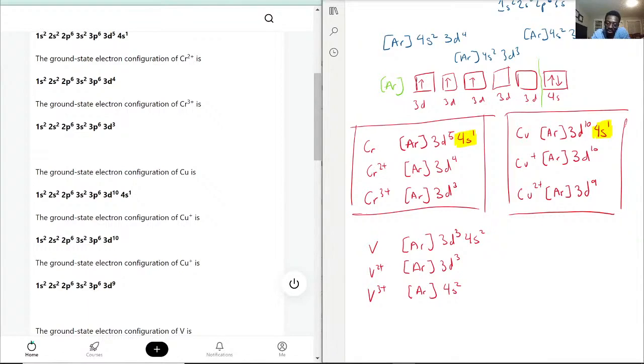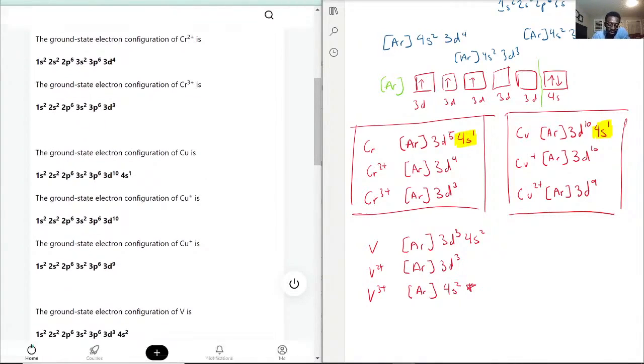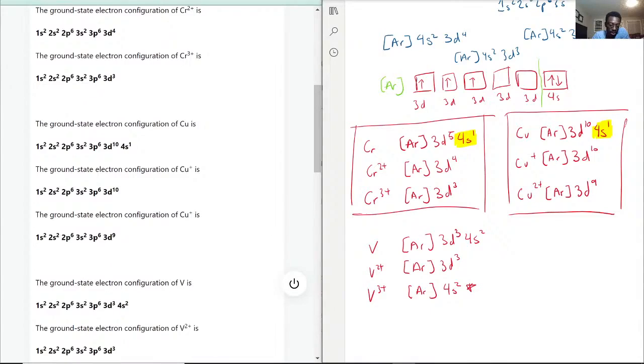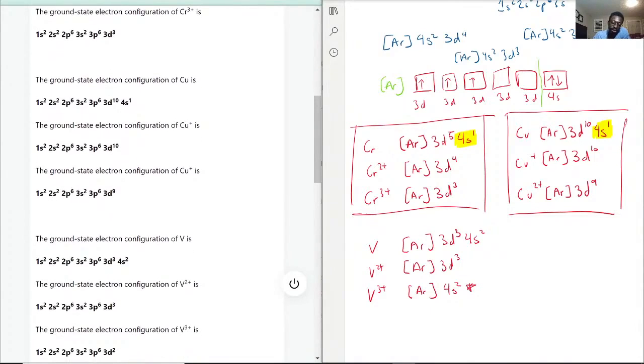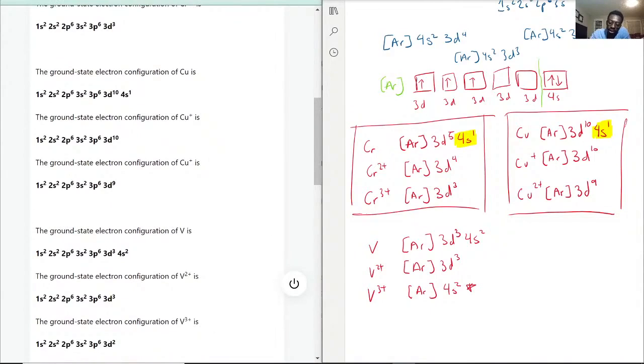It might have just gotten rid of its third orbital. Not sure. This may be incorrect. I'm gonna start and we'll see. Yep, 4s2, 3d3, okay, 3d2. I see. So it kind of just keeps shedding from the outside in then.